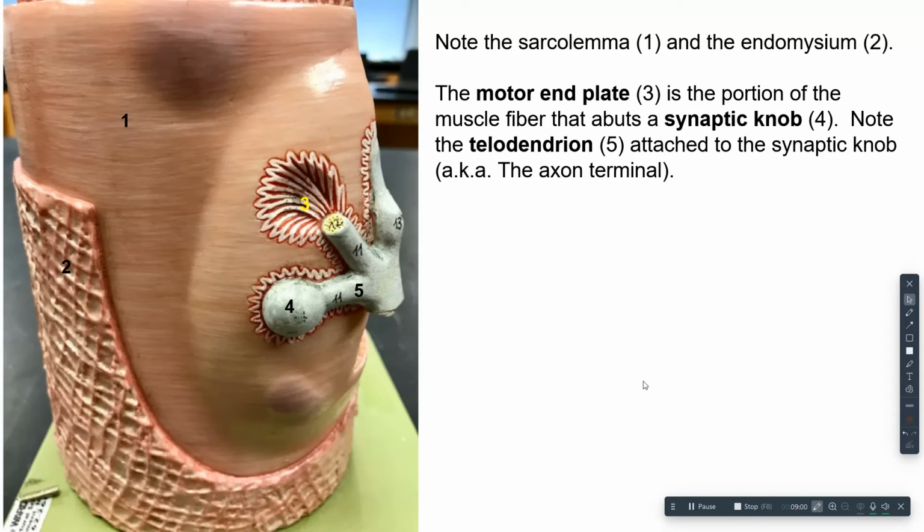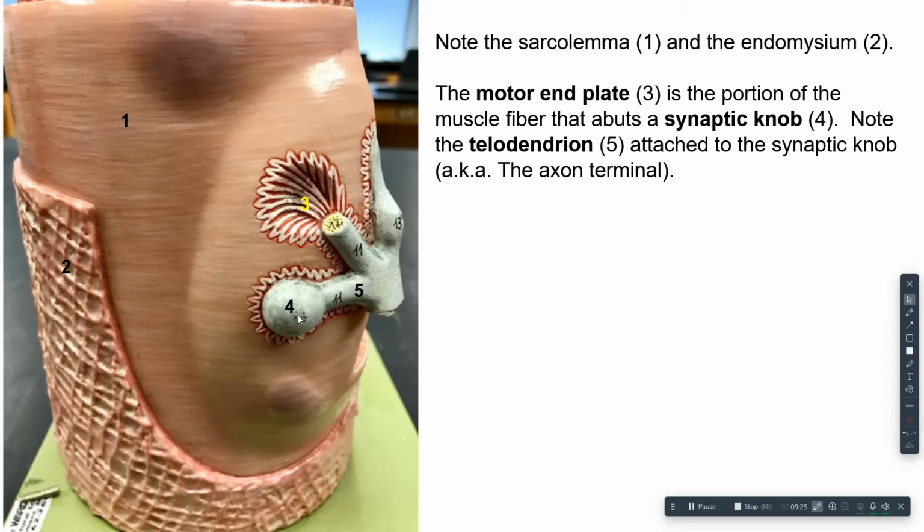Let's keep on keeping on here. Turn this guy around a little bit. So I still see my sarcolemma here. This is my plasma membrane in my muscle fiber. I still see my endomysium, but now I see a motor neuron here. This is a somatic motor neuron right here. These are some telodendria of it, and this is its axon terminal or synaptic knob.